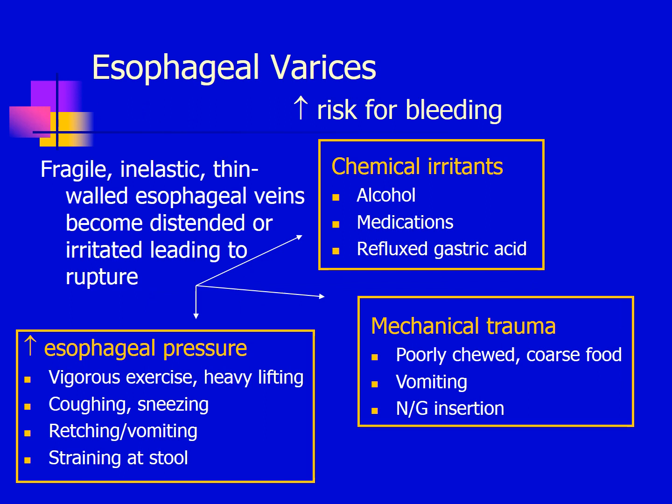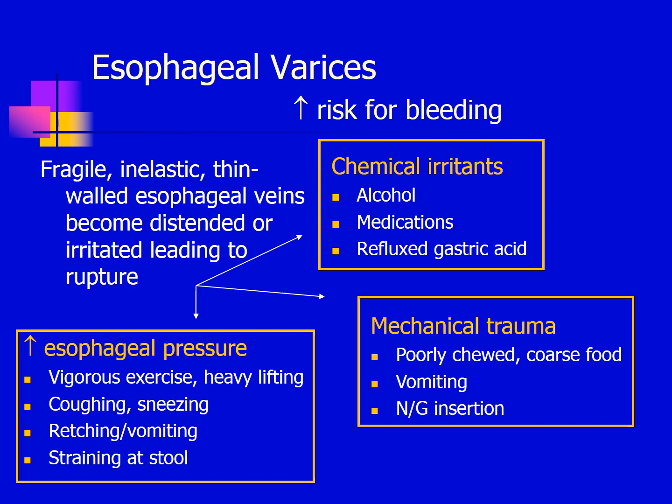So individuals with varices, esophageal varices for instance, have increased risk for bleeding because the varices are fragile, with a thin wall, right? They become distended, and if irritated, they can rupture. Many things can irritate them: alcohol, medication, gastric reflux, vomiting, or trauma, like if we're putting in an NG tube, or they're vomiting, or poorly chewed or coarse food irritates that area.